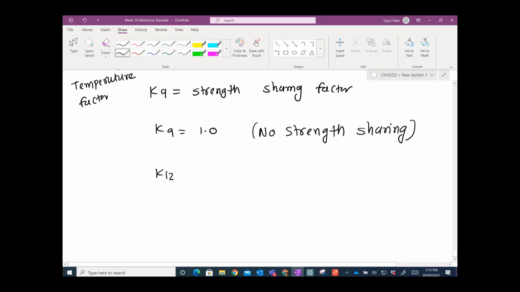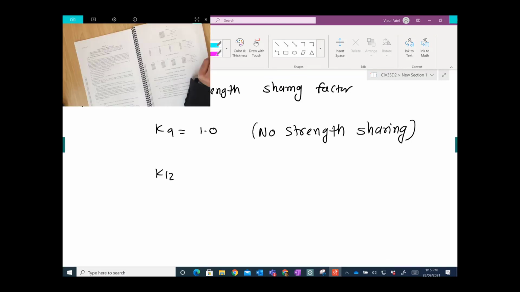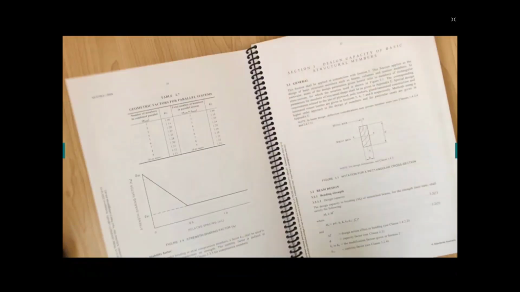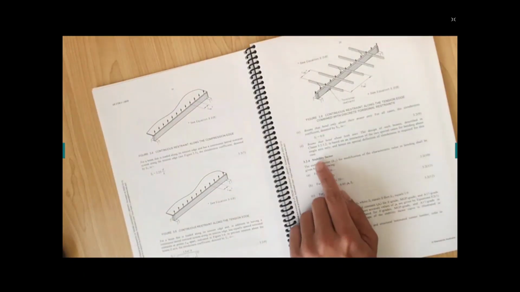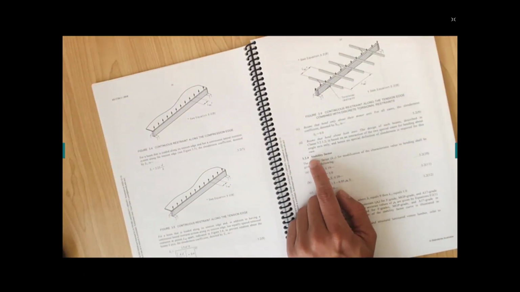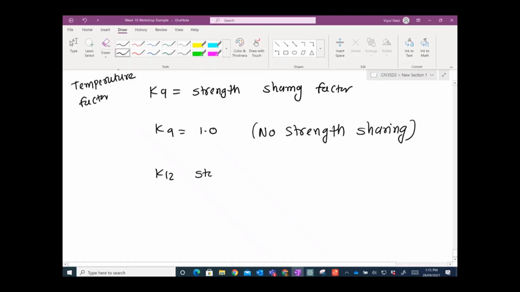Now K12, the last one. It's called the stability factor, clause 3.2.4 of AS1720.1.